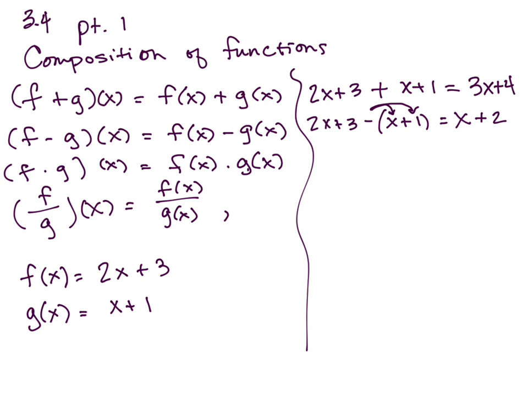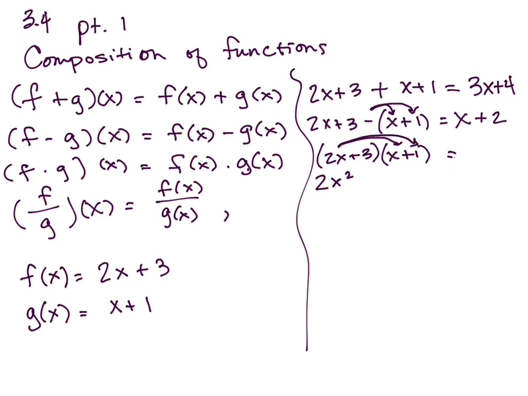Okay, let's keep going. (f times g) of x is equal to f of x times g of x. Guess what? We know how to do that. We can multiply two binomials. If they weren't binomials, you would still do the same thing: you're just going to distribute. First is going to be 2x squared.